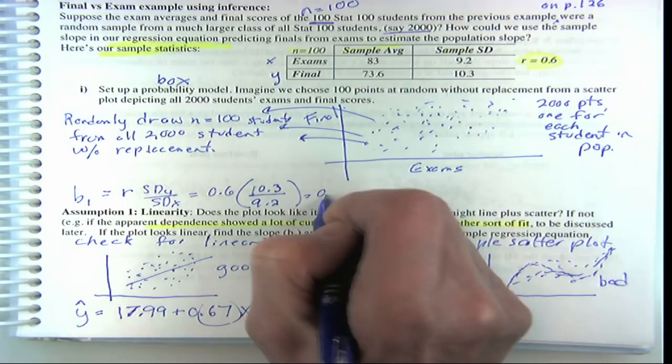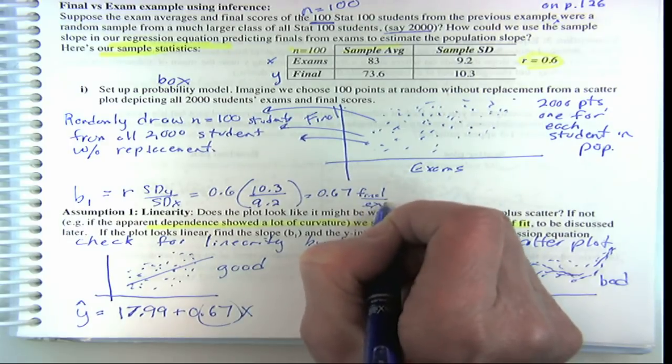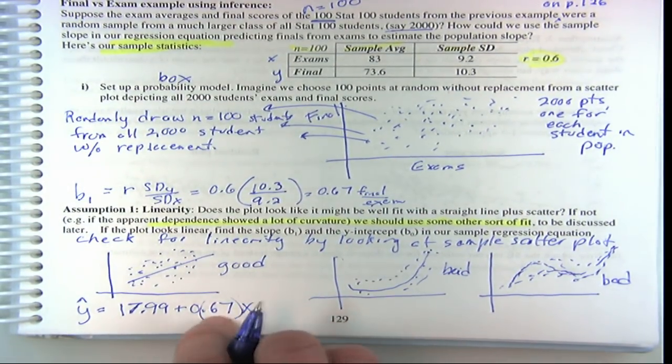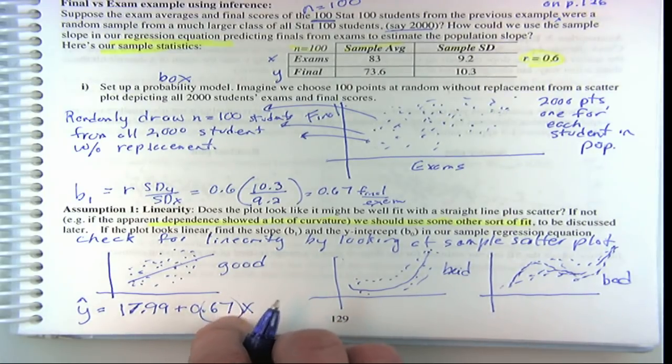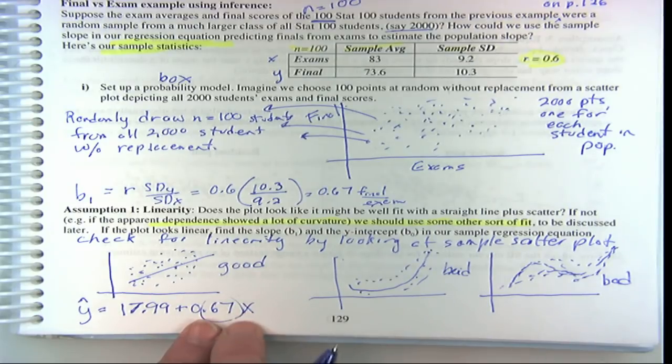So this 0.67 is finals divided by exam points. In this equation, you have finals over exam times exam, and it reduces to just final points.